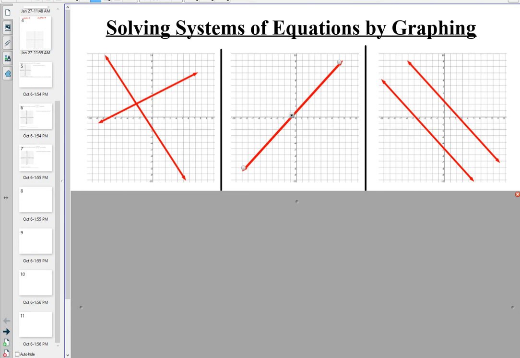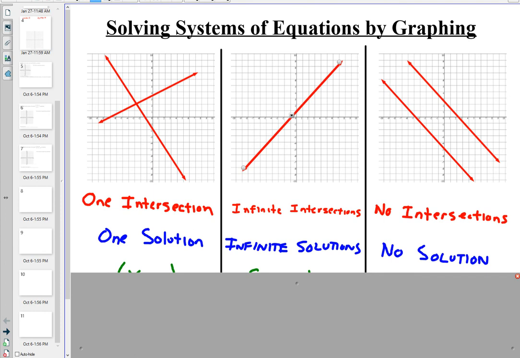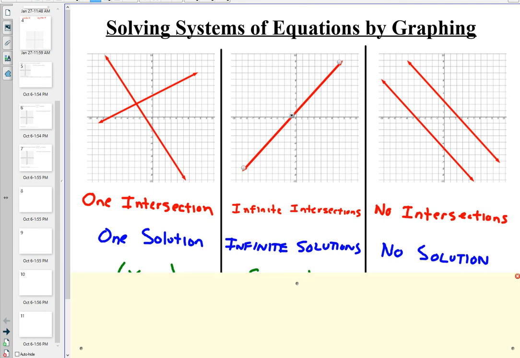So when I put two lines on a graph, they will either intersect once, intersect always, or intersect never. And the words I want you to associate are intersection with solution. So a system of linear equations can either have one solution, infinite solutions, or no solution.